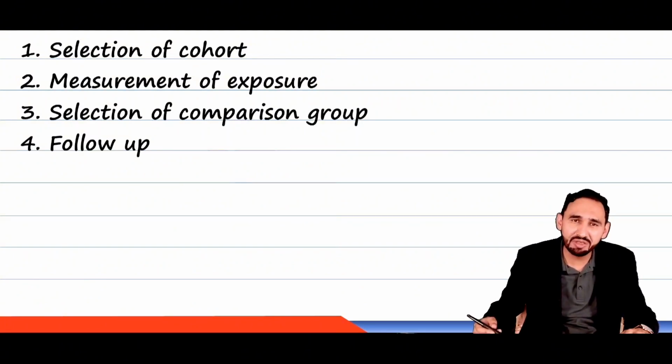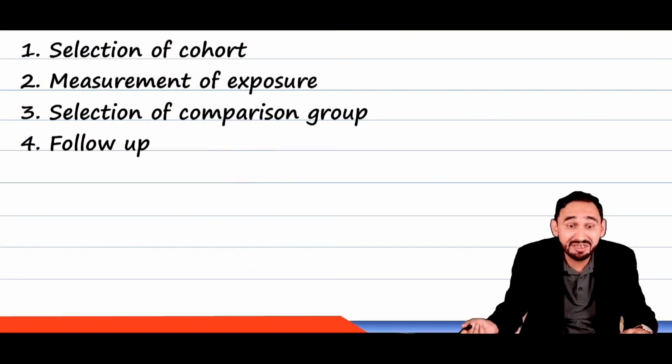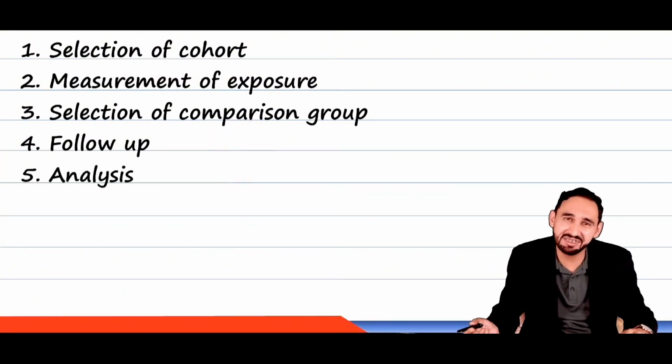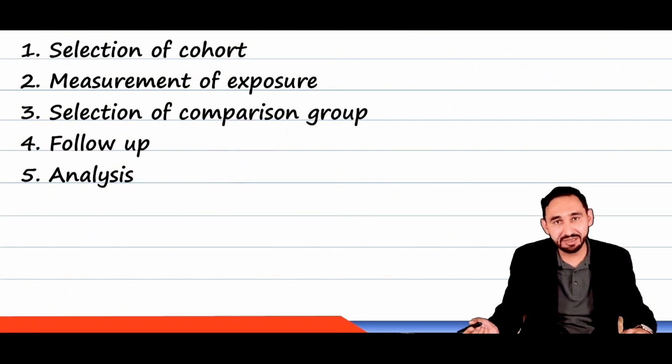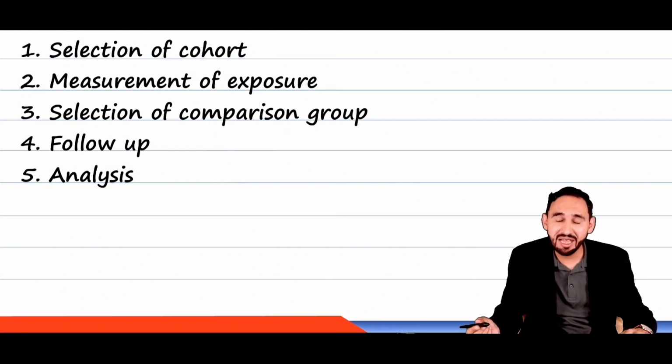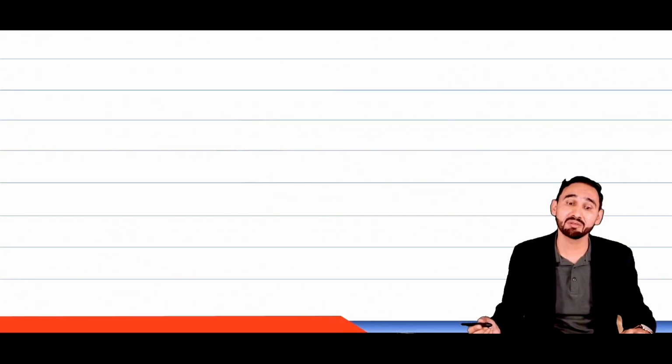Follow-up is a time-taking process in cohort study. People may be lost to follow-up. This is called the attrition problem. This is a common problem of cohort study. Then we do analysis. We calculate incidence, relative risk, attributable risk from cohort study. So let's discuss them one by one.